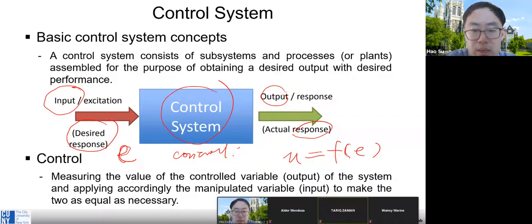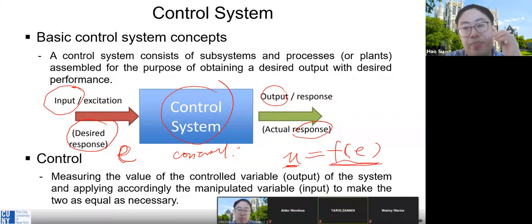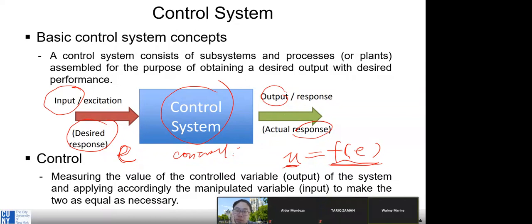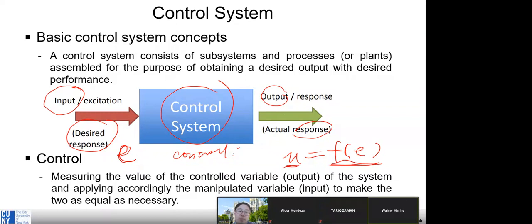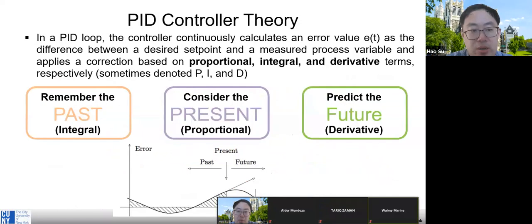What should we tell the controller to do? What kind of operation do you want to do with respect to the error? Implement some transfer function that can feed it back to the output. Yeah, so we can do a very simple operation.